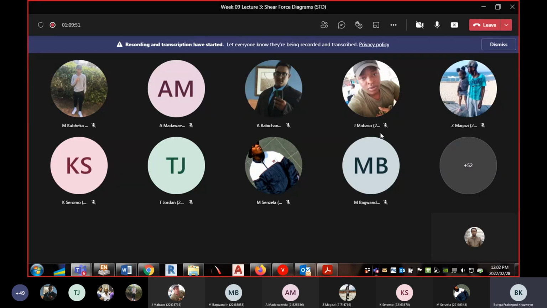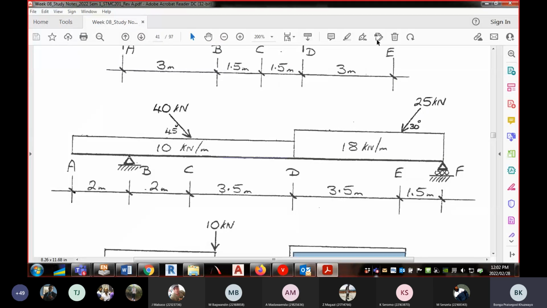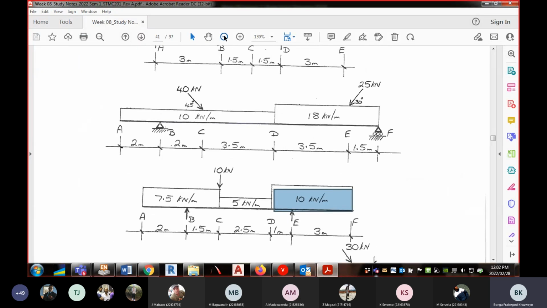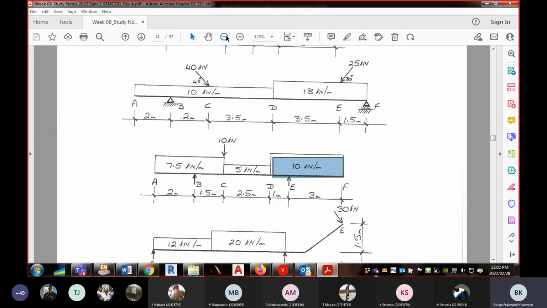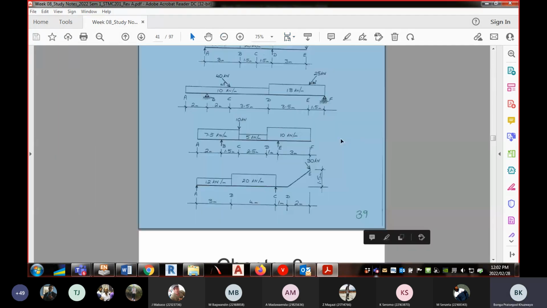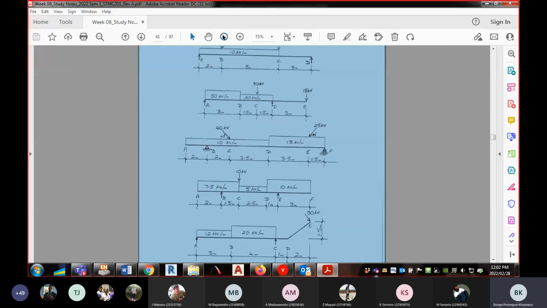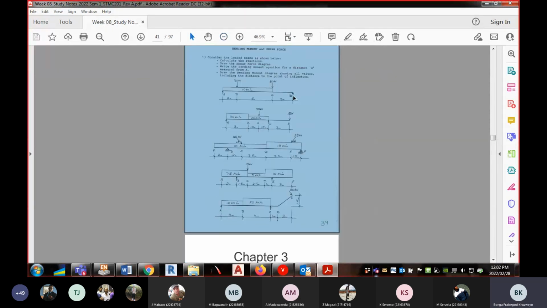Right, so as far as the revision for support reactions, we are done. So let's go back. Students who registered late or missed the first two lectures, just make sure that you complete the first part of this tutorial.